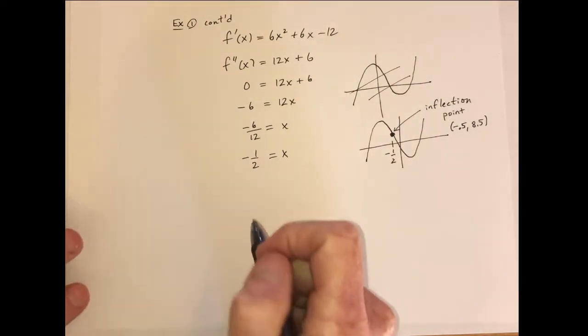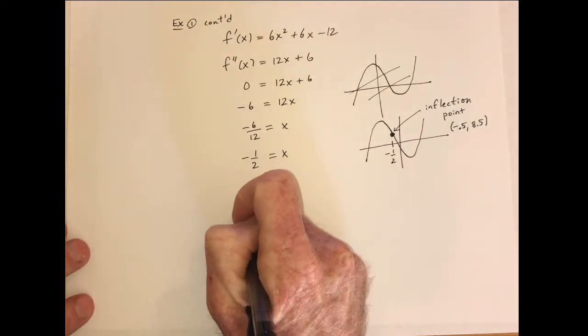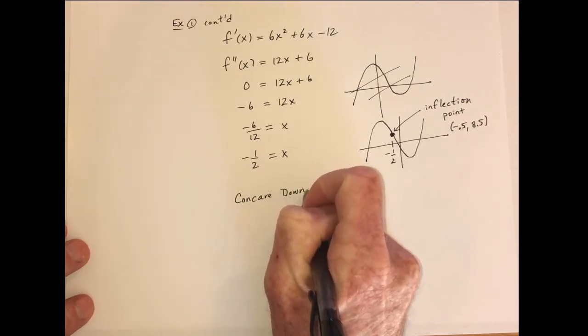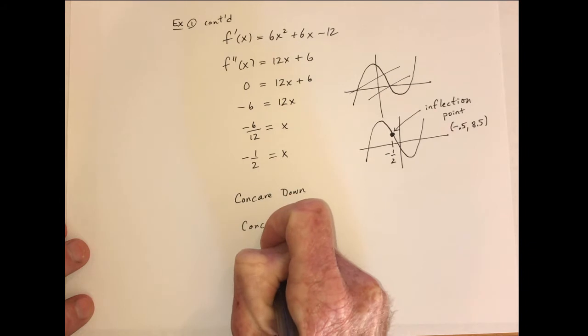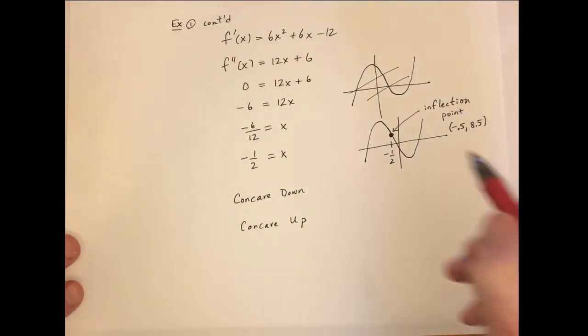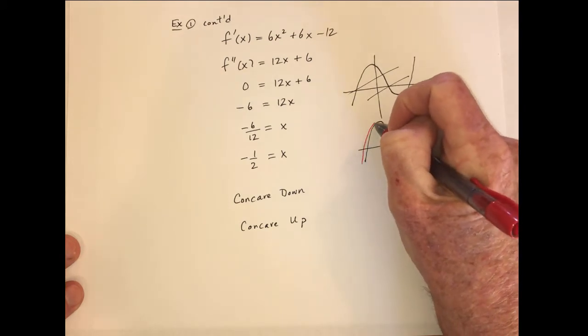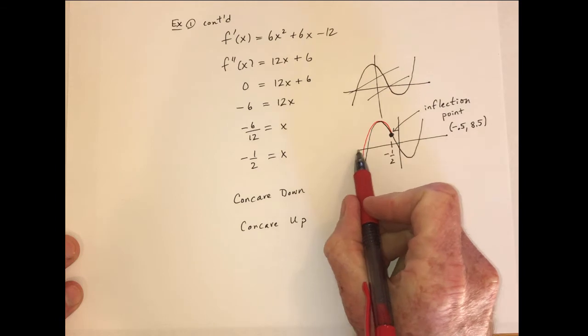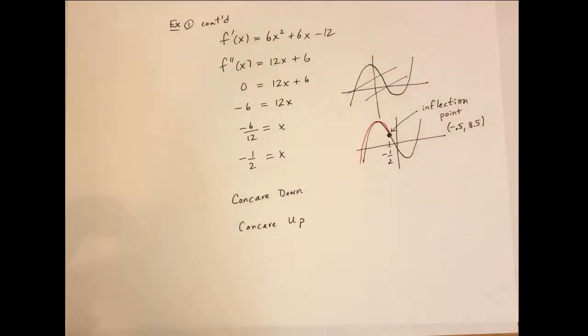And then where is it concave up and concave down? And again, when you write this part down, we're talking about on the x-axis. So this part is concave down, so that is from -infinity up to -1/2.